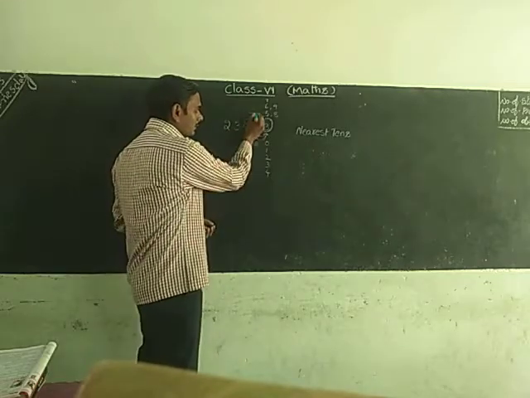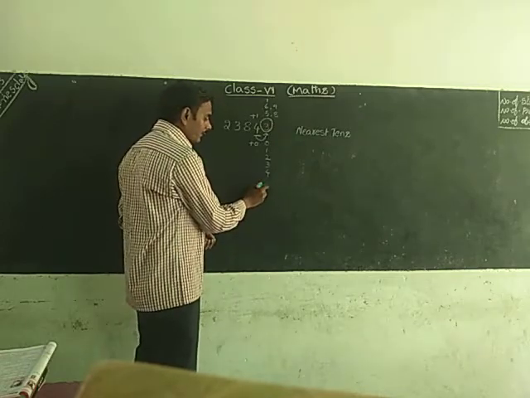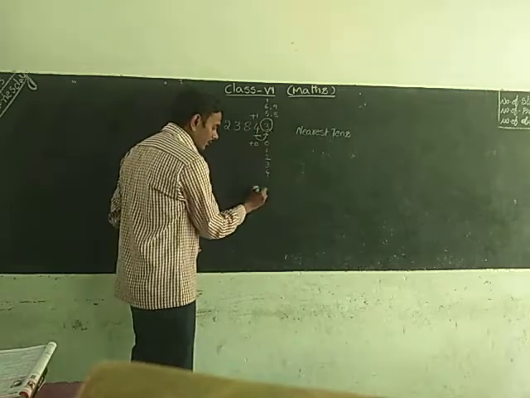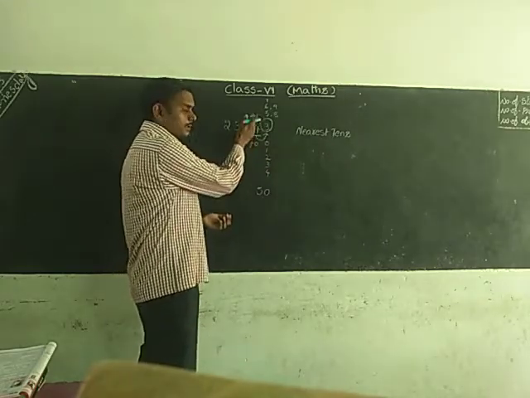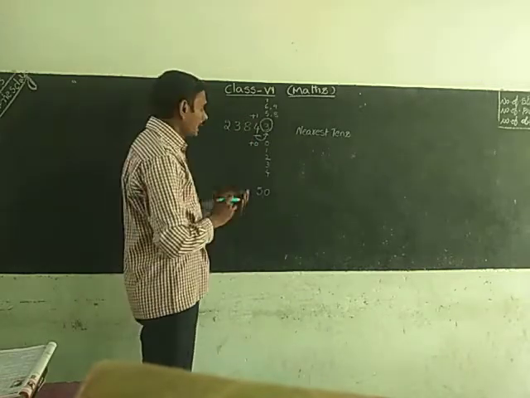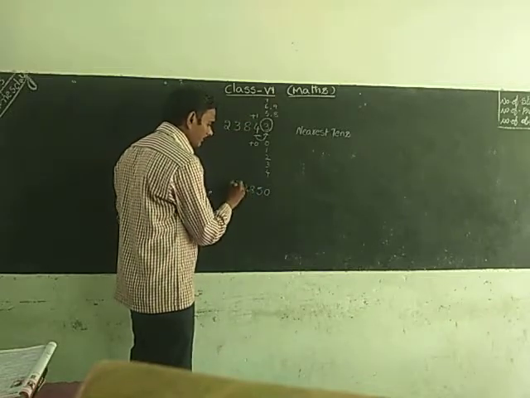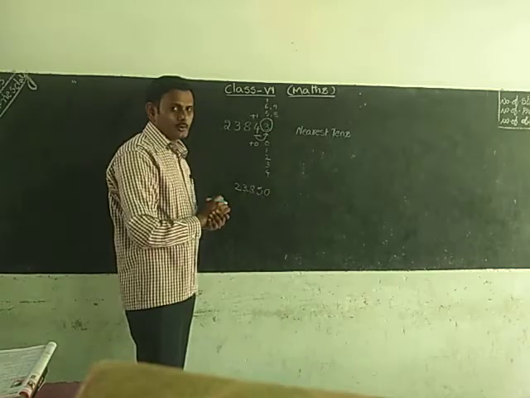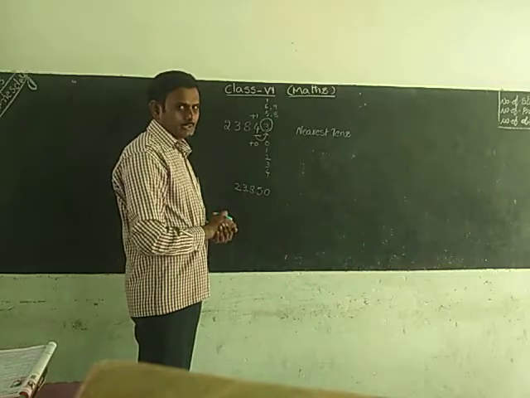By adding 4 plus 1, what do we get? 5. After 5, how many digits are there? Only one digit, so you have to write 0: 50. By adding 4 plus 1, did we get a carry? No, the carry is not there. If you get any carry, then we write the carry.